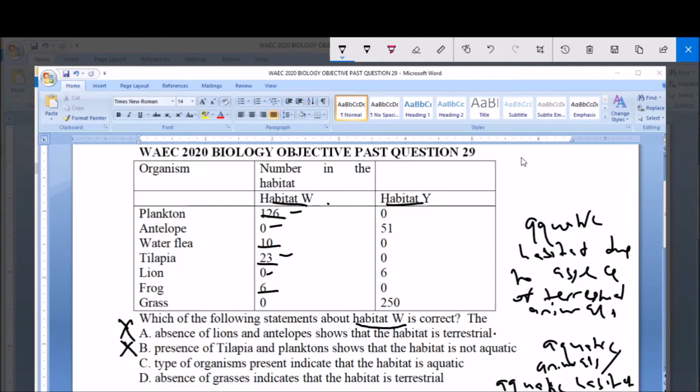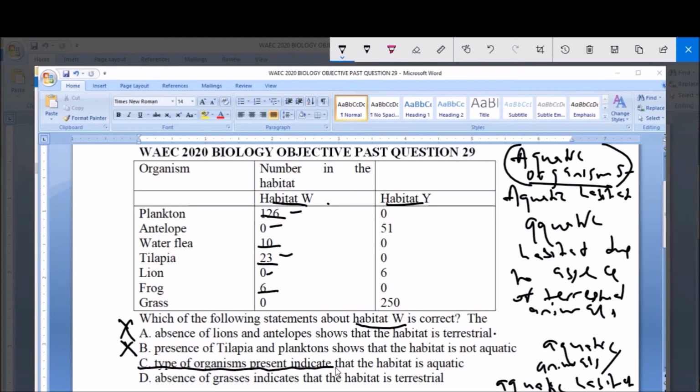All these organisms are aquatic organisms, and since they are all aquatic organisms, it is an indication that the habitat is an aquatic habitat, since all the organisms that we find in habitat W are aquatic organisms. So option C, type of organisms present indicates that the habitat is aquatic, is correct and is the correct answer to this question.